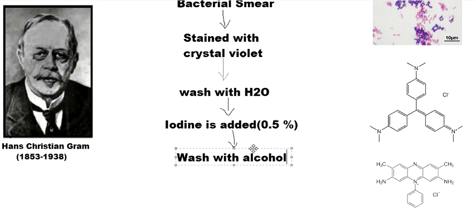When we wash with alcohol, the gram-negative gets de-stained, and up to here it is enough to distinguish between the gram positive and gram negative.